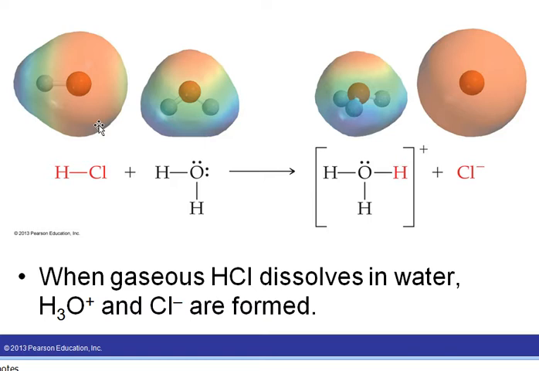When gaseous hydrochloric acid, HCl, dissolves in water, H3O and chloride ion are formed. So we have our HCl. It's an acid, if you might remember. We dissolve that puppy in water and we get H3O, which is the hydronium ion, and we get chloride ion there.